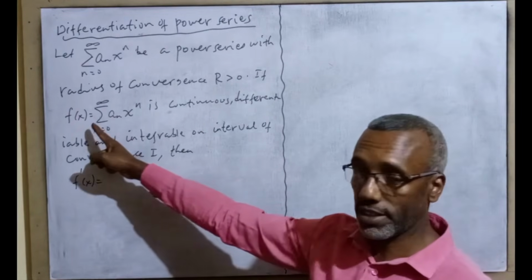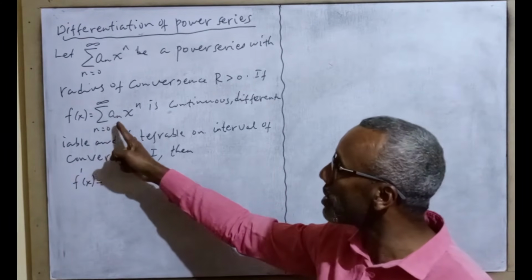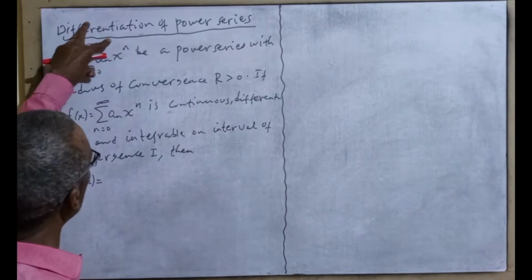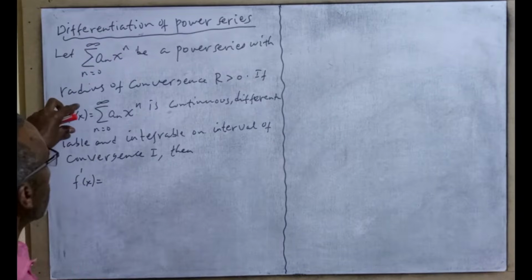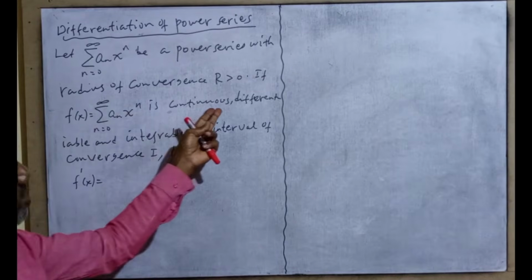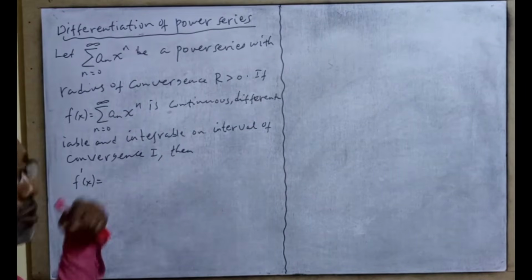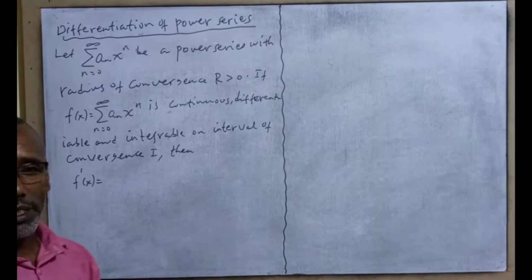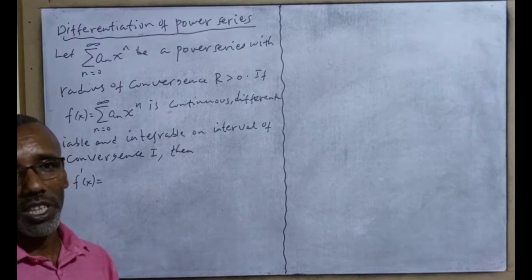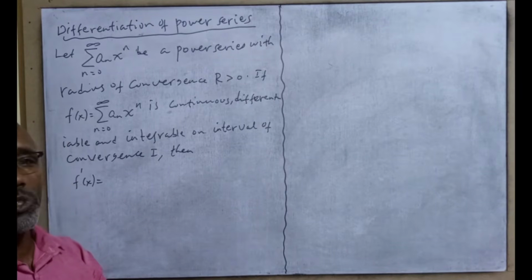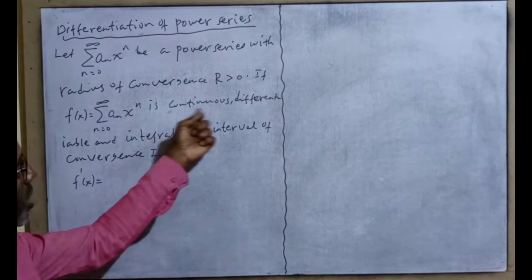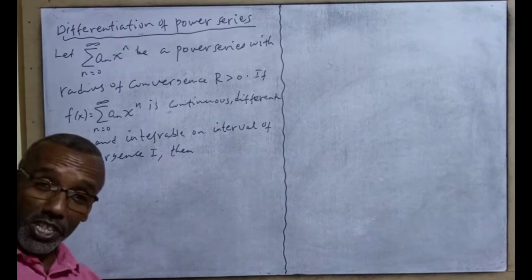We are given this power series with radius of convergence r greater than 0. If f of x is the sum of a_n x raised to n, this power series representation of f of x, is continuous, differentiable and integrable, that is, it has no discontinuity. If a function is continuous it can be differentiable, but if at some point there is a discontinuity, at that point it is not differentiable. So a function must be continuous to be differentiable.